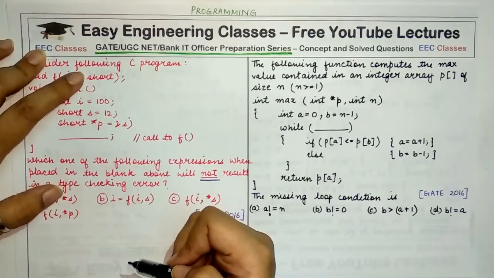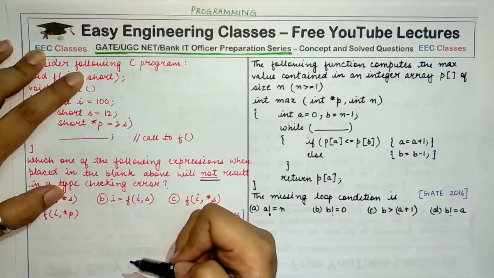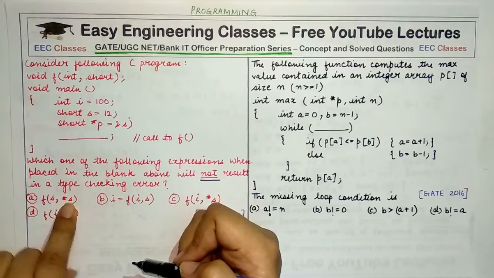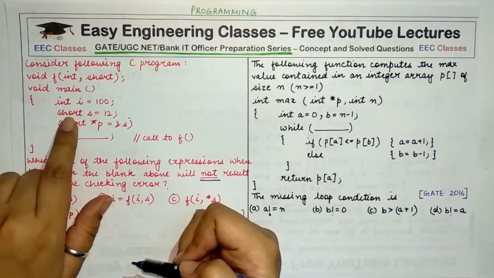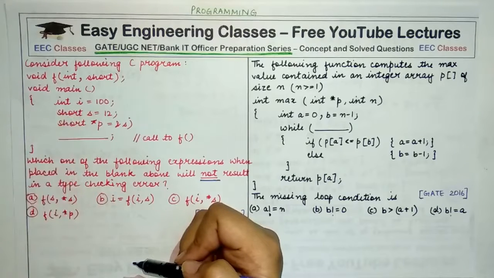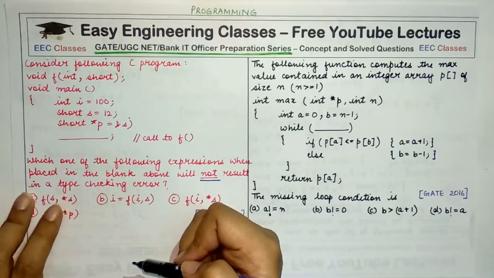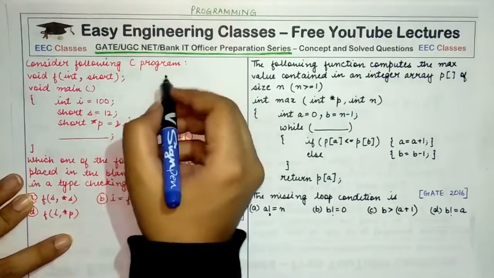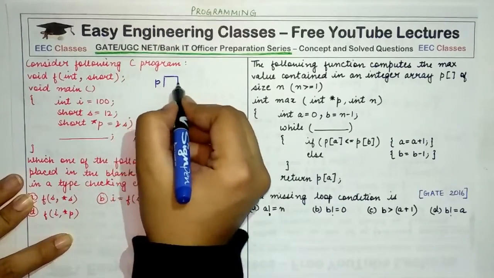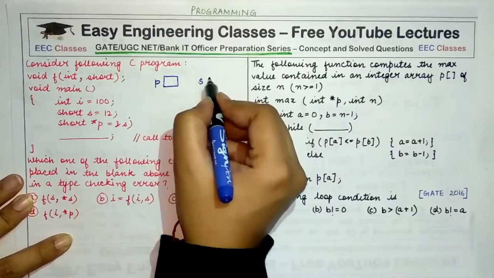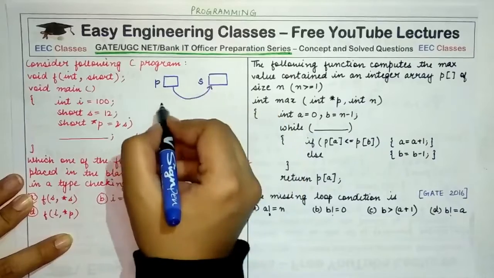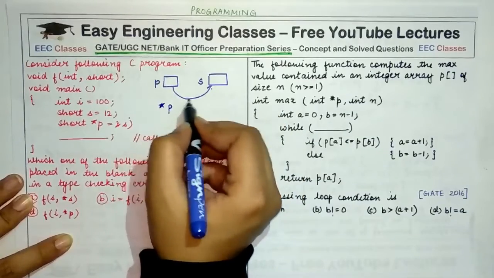Now comparing the second parameter, we see that it is star of s. Now s is a variable of the kind short. It is not a pointer variable. We can only dereference pointer variables. If we have a pointer variable p and a variable s which is short and p refers to s, then star of p would tell me the data of s.